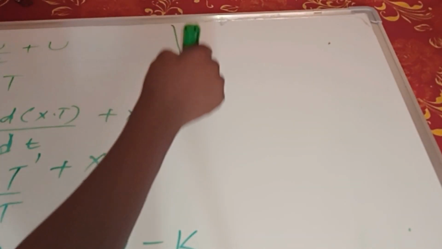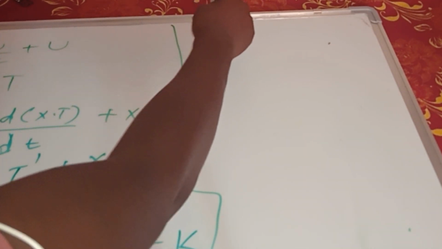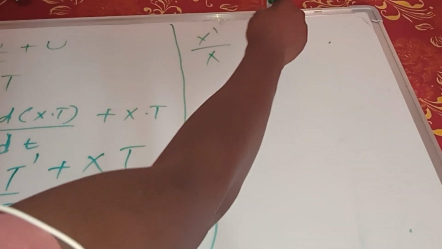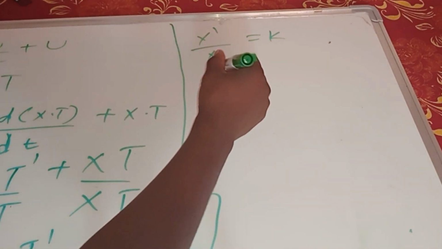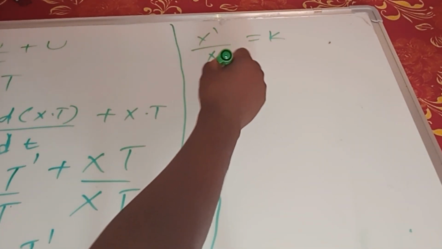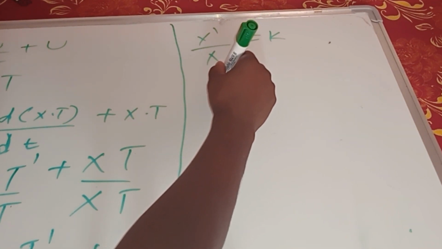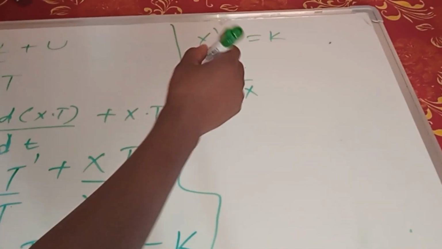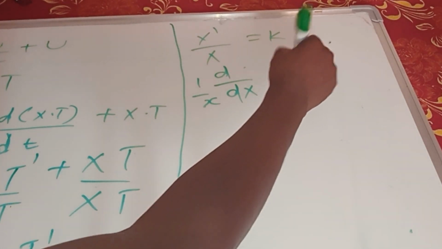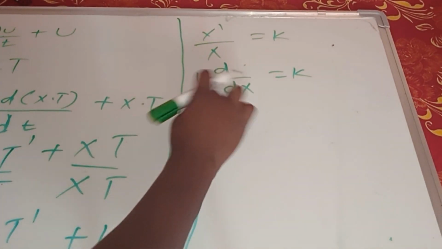Okay, so x prime over x corresponds to k, and x prime is dx with respect to x, 1 over x is equal to k. Okay, this is x capital.